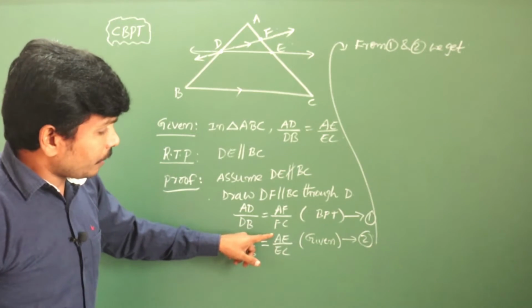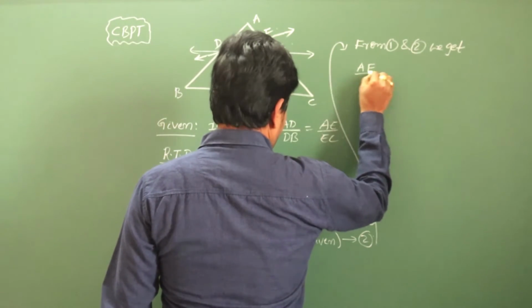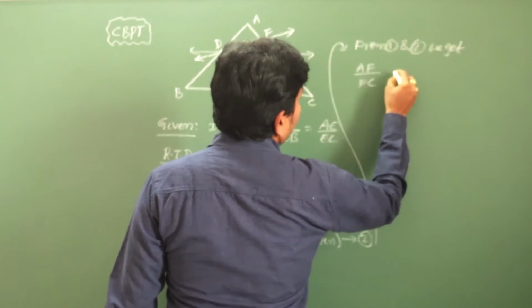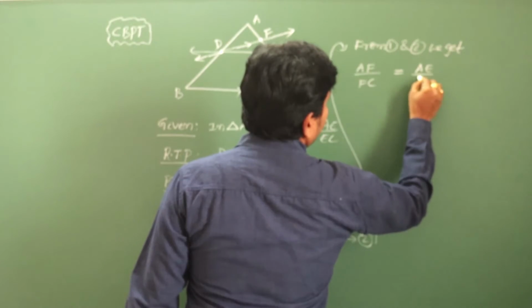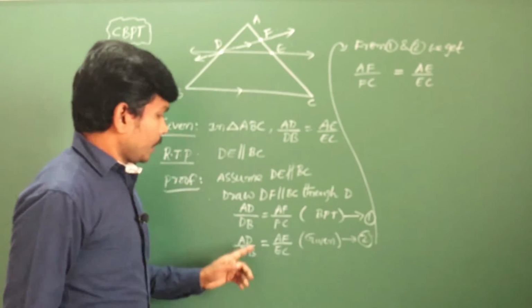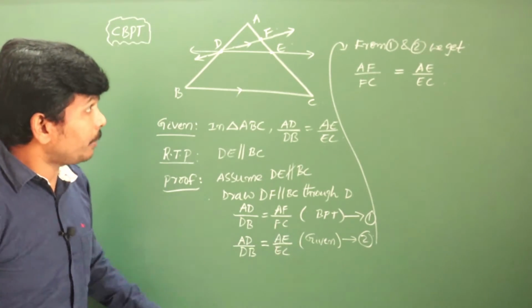AF by FC is equal to AE by EC, because this value is AD by DB and this value is also AD by DB.